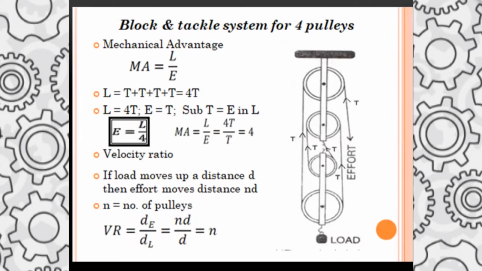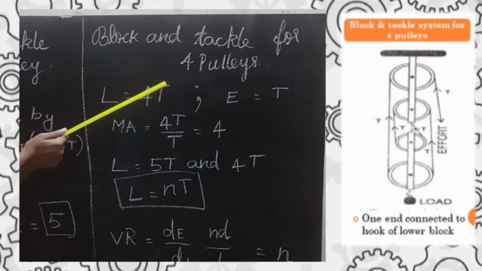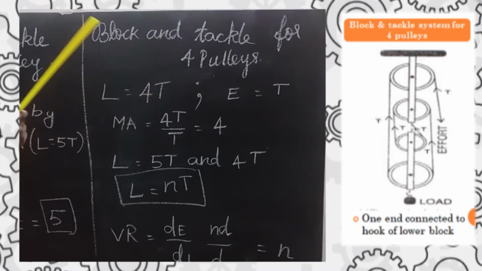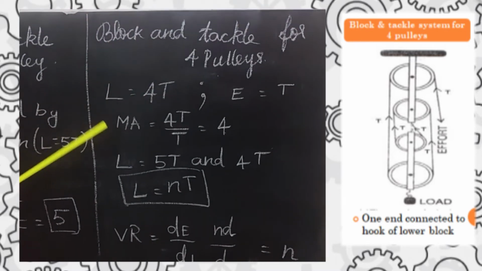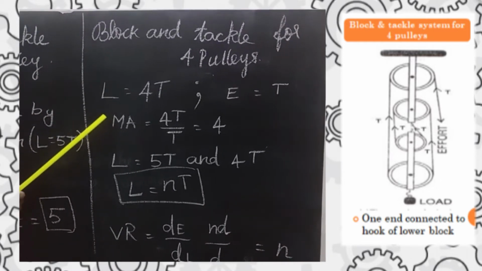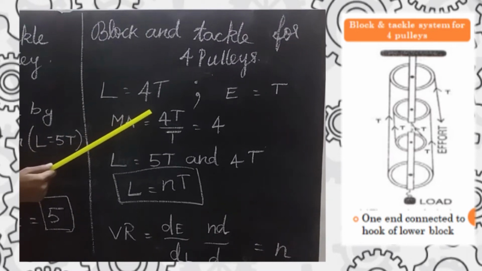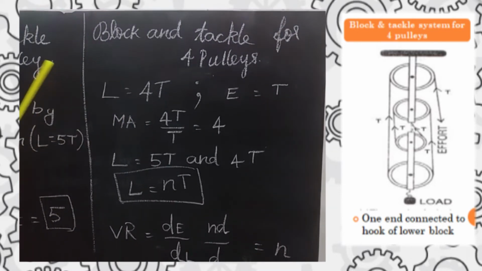Similarly, here in the block and tackle system of 4 pulleys, earlier we saw 5 pulleys. In 5 pulleys, the load was supported by 5 tensions, so L is equal to 5T. Here, in the case of 4 pulleys, L is equal to 4T, because the load is being supported by 4 strings.